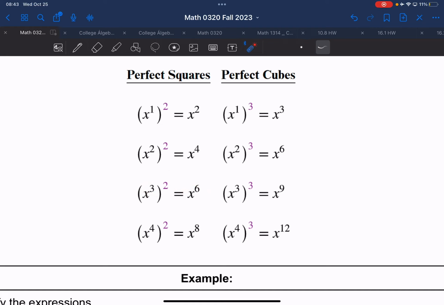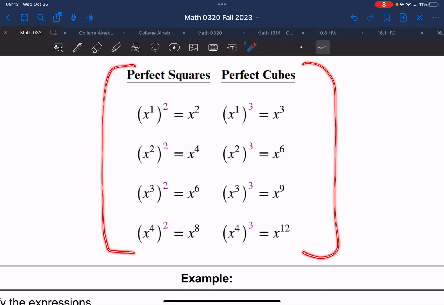Or if we have x cubed cubed, it's a power raised to another power, so we multiply them and get 9. Again, this is just a chart for you to refer back to for the exam.